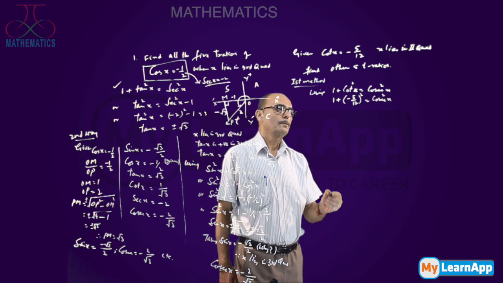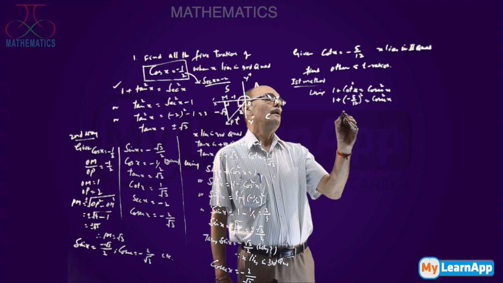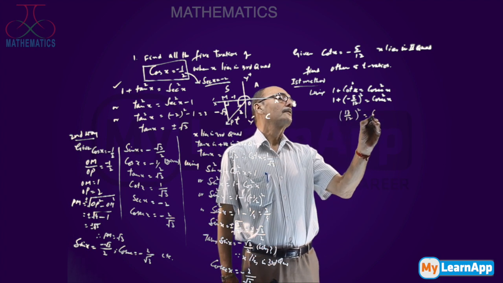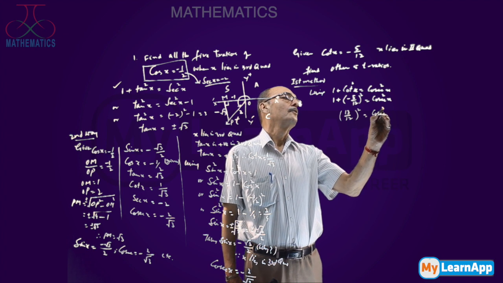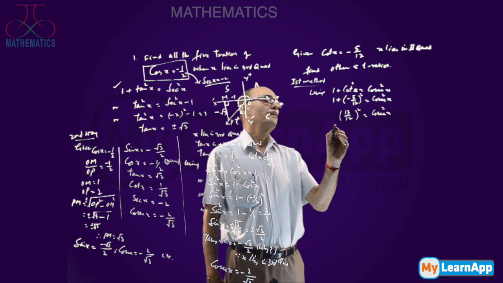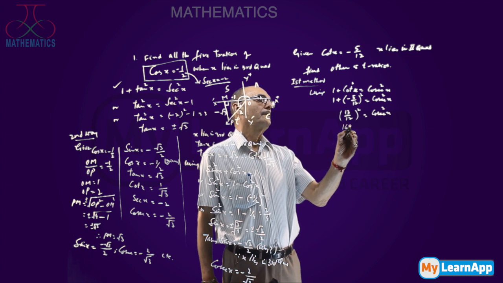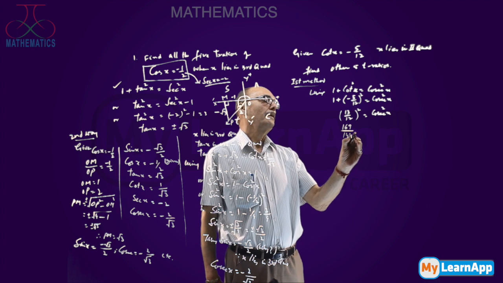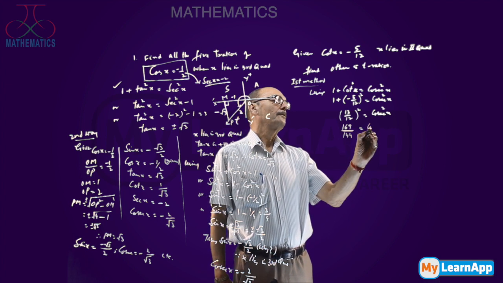So this is equal to 13 by 12 square, simplify, cosec square x, or you can write this as 169 upon 144 equal to cosec square x.